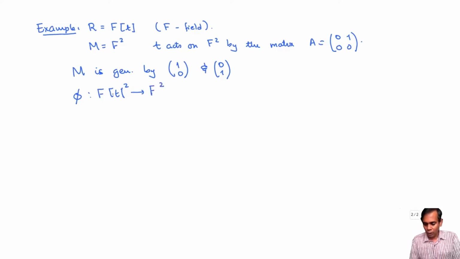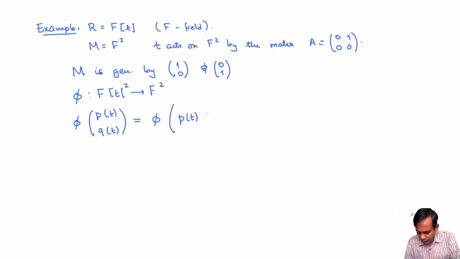So it will take a column vector consisting of two polynomials p(T) and q(T), and it will go to, well, because it's an F[T] module, I can write this as phi of p(T) times the vector 1, 0 plus q(T) times the vector 0, 1.